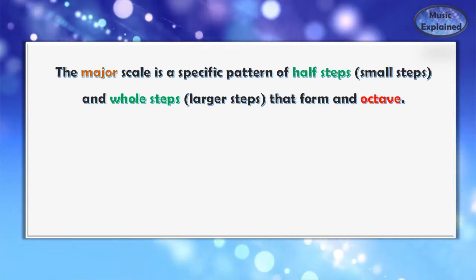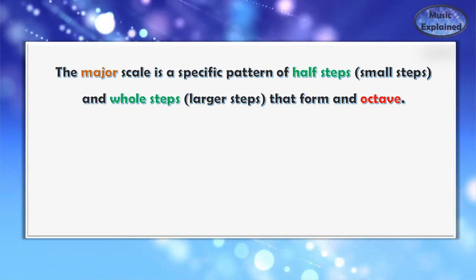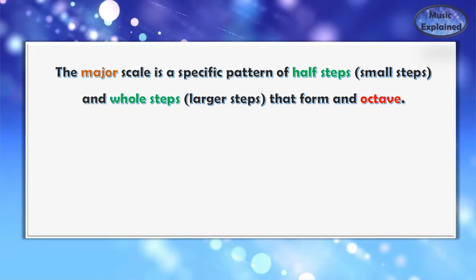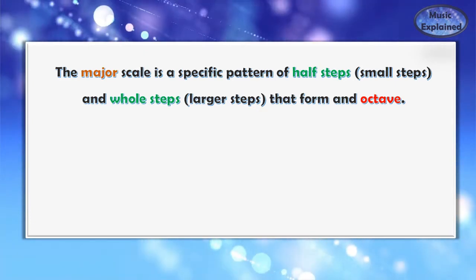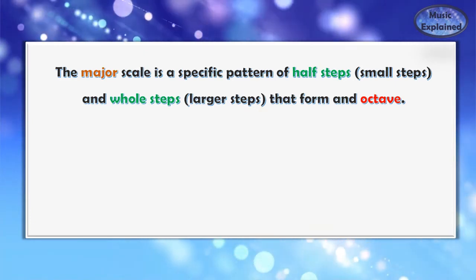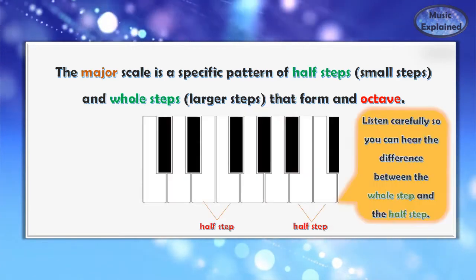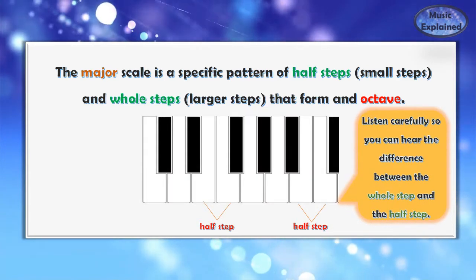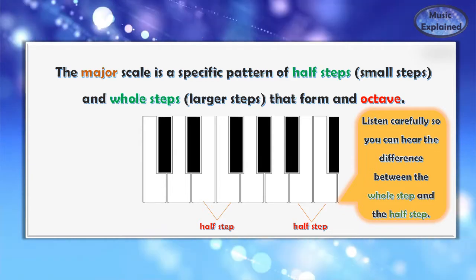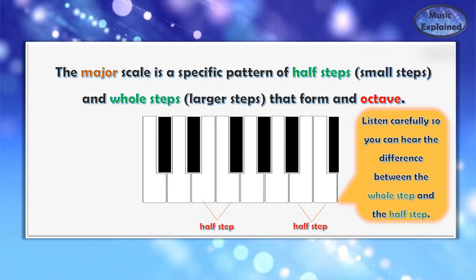The major scale is a specific pattern of half steps or small steps and whole steps or larger steps that form an octave. Now listen carefully so you can hear the difference between the whole step and the half step.